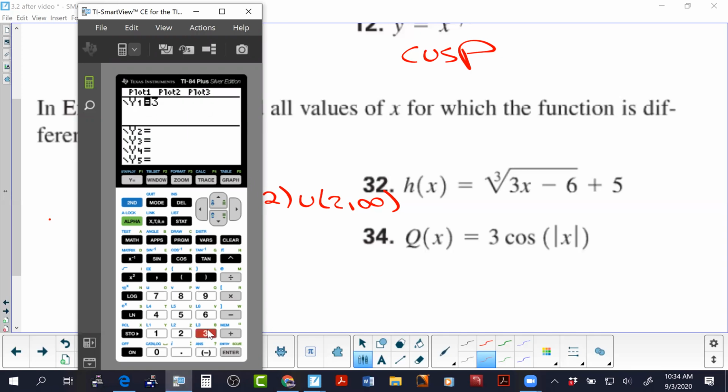3, cosine of the absolute value of x. If you're in physics and you've used calculators already, you're probably in degrees, maybe. We do everything in here in radians. So make sure your calculator is in radians when you're going to use a trig function in here. All right, graph. Looks fine, right? But it's not.